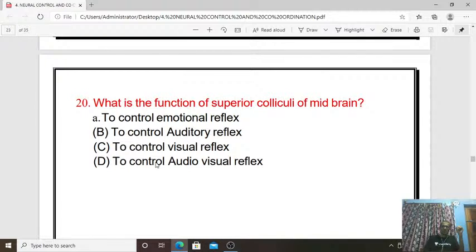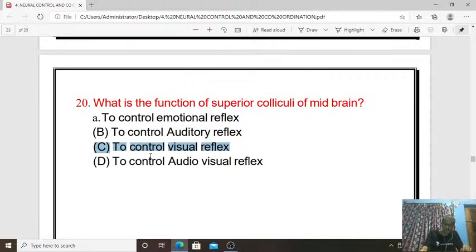So it is related with our eye function. So vision mechanism is controlled by that part of the midbrain. So that is the answer.